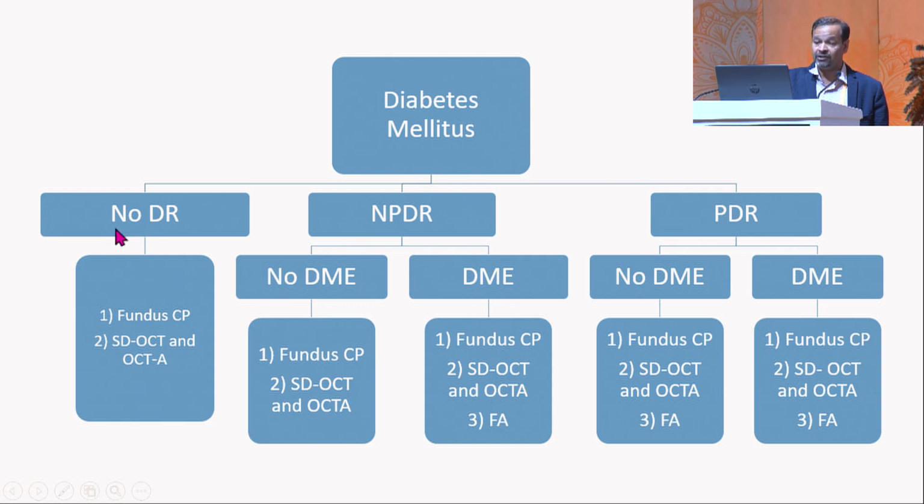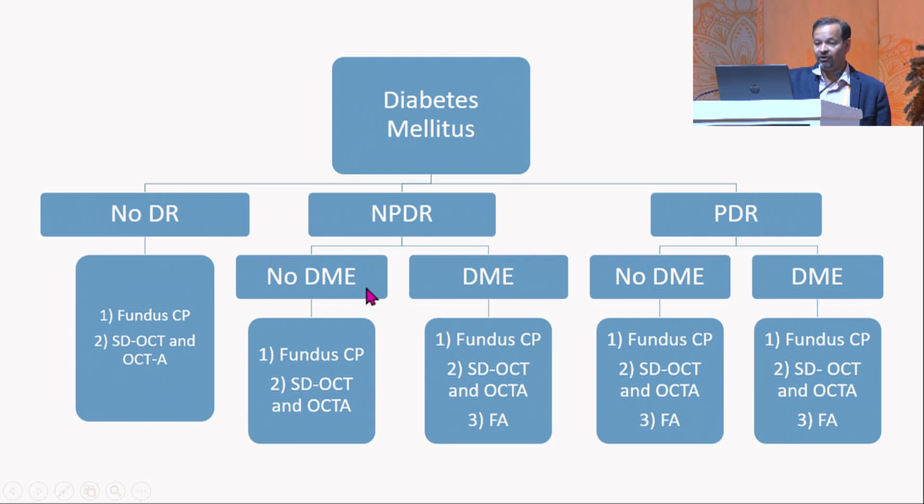The eyes with no diabetic retinopathy underwent fundus photograph, spectral domain OCT, and OCT angiography. However, we did not do any fundus fluorescein angiography in these eyes because we thought it was not required. Eyes with NPDR were divided into 2 subgroups.